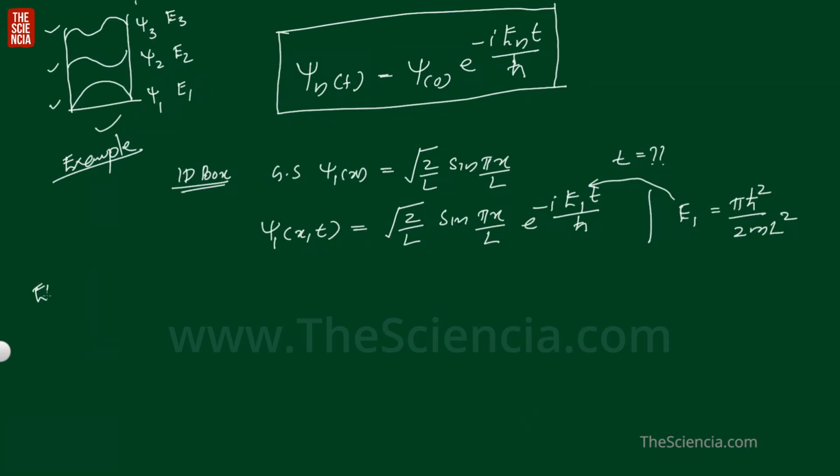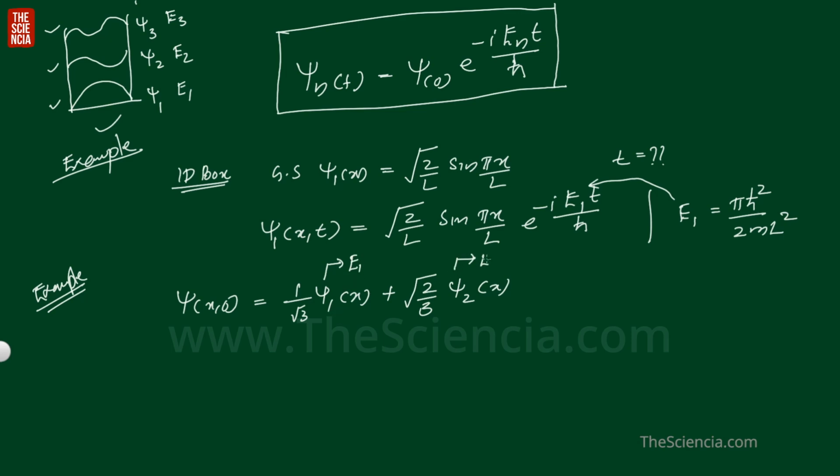One more example. A wave function at time 0 is given, that is 1 by root 3 ψ1 of x plus root 2 by 3 ψ2 of x, where E1 is the energy associated with the wave function ψ1 and E2 is the energy associated with the wave function ψ2.